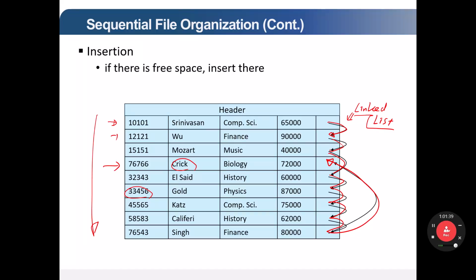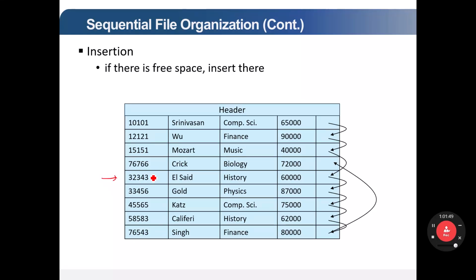We do binary search here. We just pick the median record, and let's suppose we are looking for ID 45565.